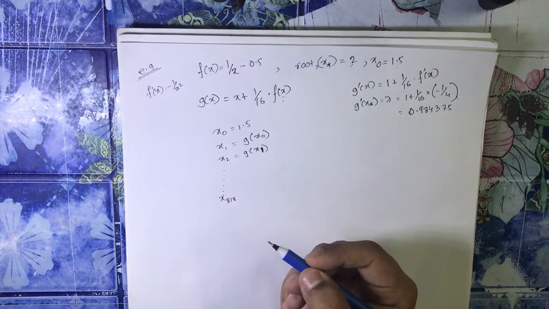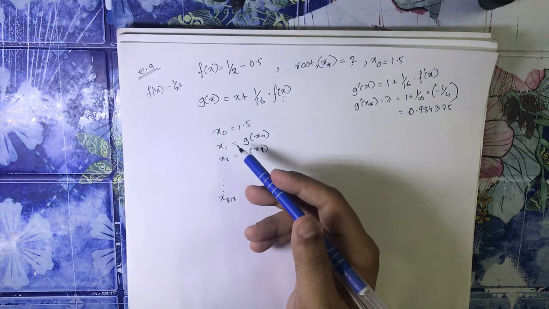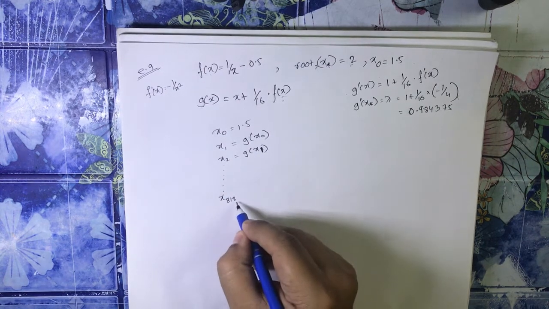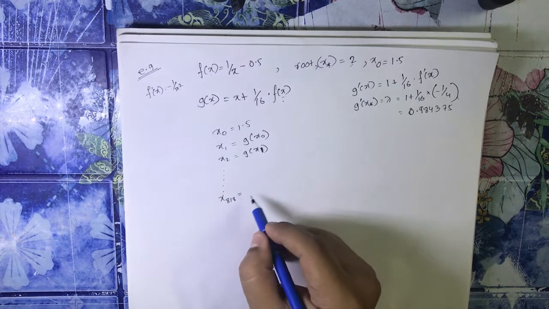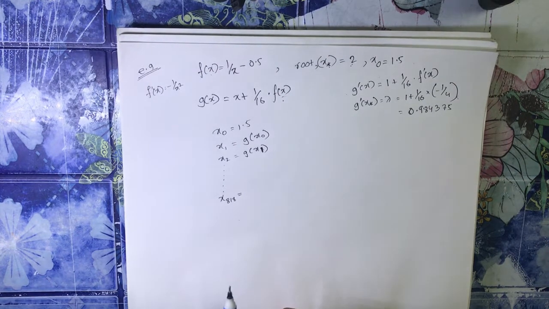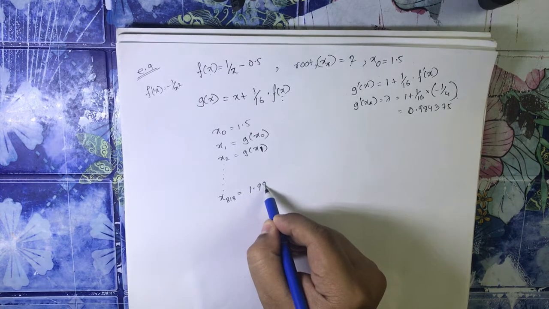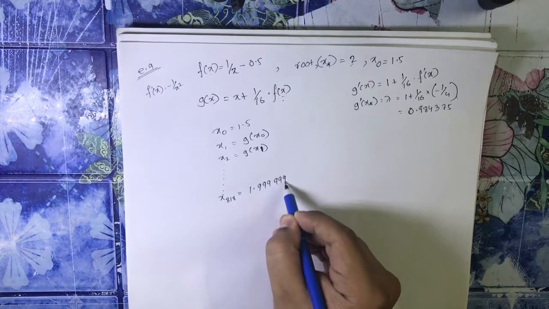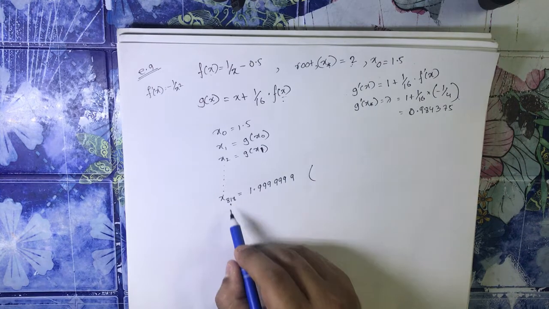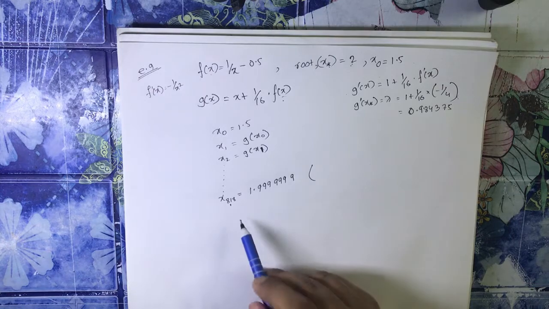at the 818th iteration of this fixed point iteration, we get the value of our root correct to 8 decimal places, 1.999999.